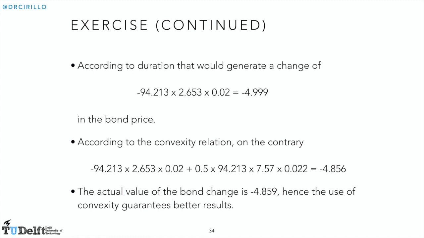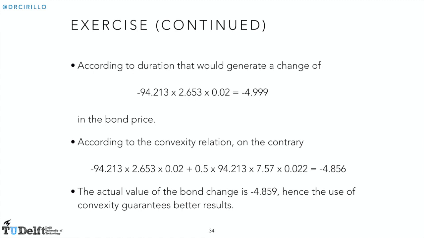The difference would be minus 4.99 in the bond price. If I introduce convexity, I get a better approximation. And I discover that the change is not minus 4.99, but it's minus 4.85. Now, you may think, who cares?